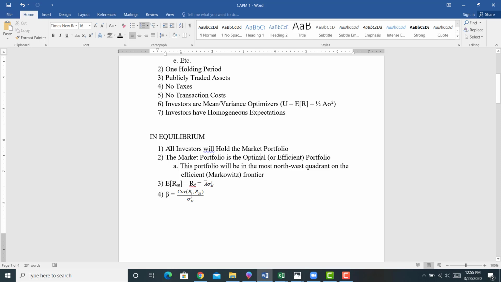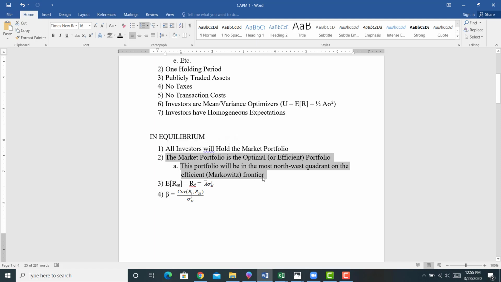So in equilibrium, the CAPM suggests that all investors will hold the market portfolio, and that this market portfolio will be the optimal or efficient portfolio, the portfolio on the most northwest quadrant of the efficient frontier in a Markowitz context.